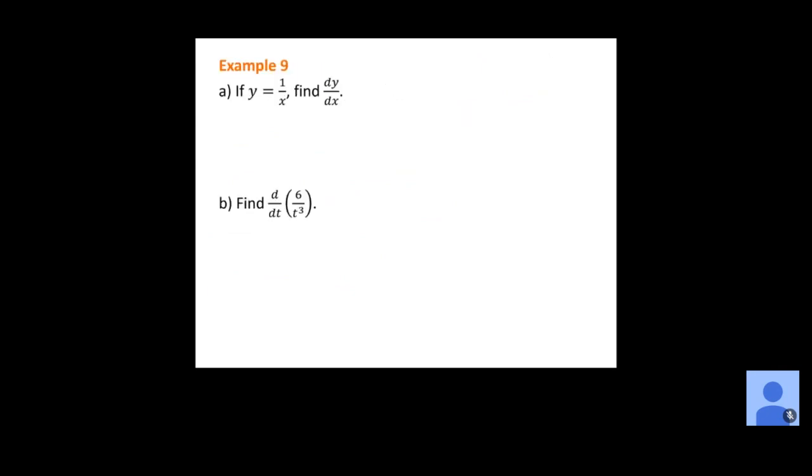All right, so let's take a look at this one. So we've got y equals 1 over x. We want to find dy dx, so we want to find the first derivative. Now, the first thing I want to do here, what's another way that we could write 1 over x?